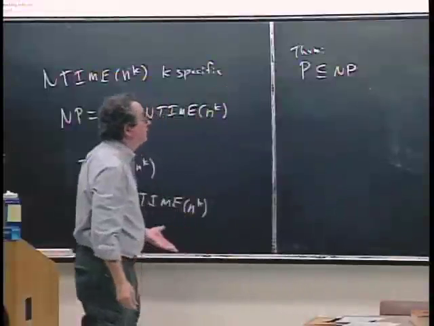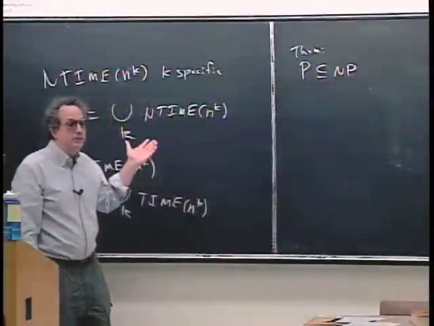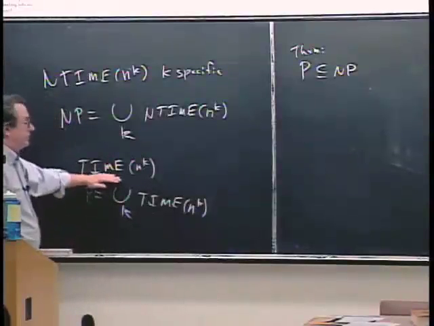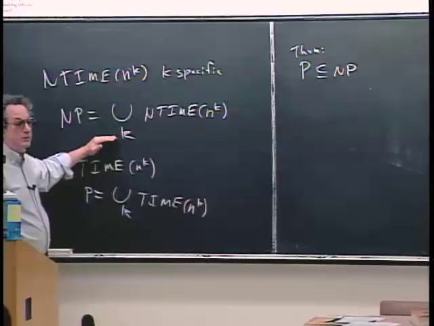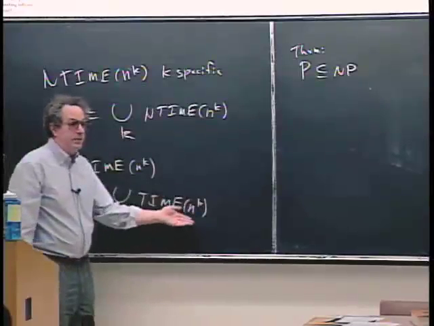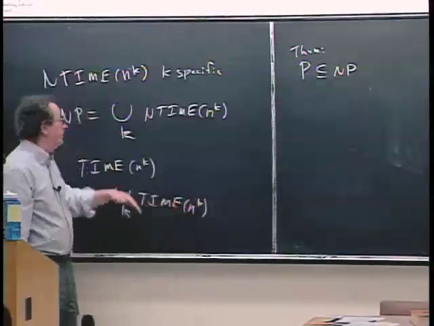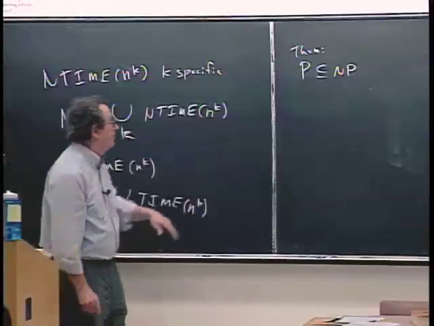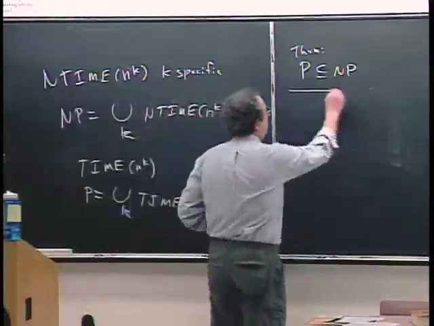And the proof is trivial, obvious now, just from the definitions, because we know that every deterministic Turing machine can be viewed as a non-deterministic Turing machine. So if you have a deterministic Turing machine that can decide a language in polynomial time, you certainly have a non-deterministic Turing machine that can decide that language in polynomial time. So P is contained in NP.